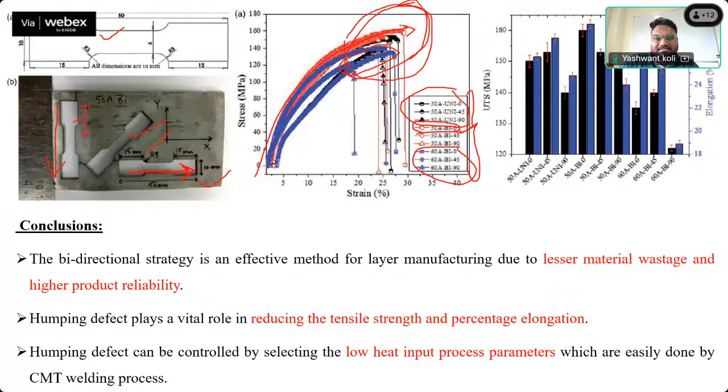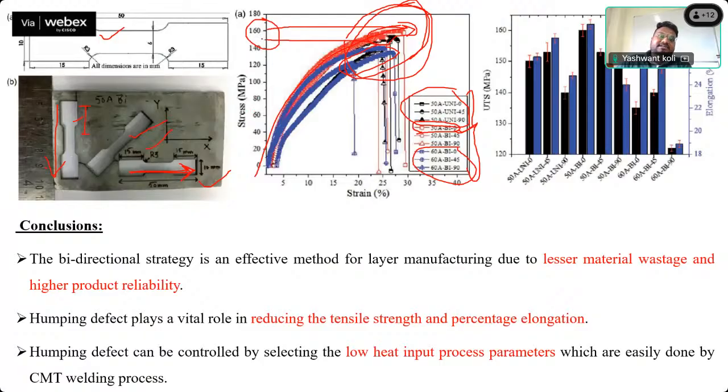If we consider one complete sample, it is like this red color. If you consider this 50 ampere bidirectional, the minimum tensile strength is like this and the maximum tensile strength is like this. So it is in range; that much anisotropy is not there.